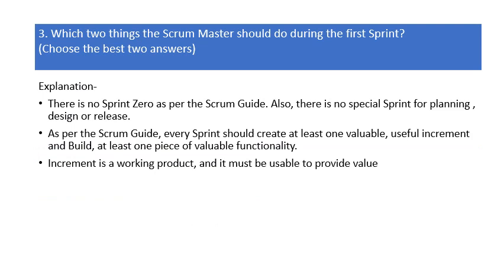Also, there is no special sprint for planning, design or release. As per the Scrum Guide, every sprint should create at least one valuable, useful increment and build at least one piece of valuable functionality. Increment is a working product, and it must be usable to provide value.